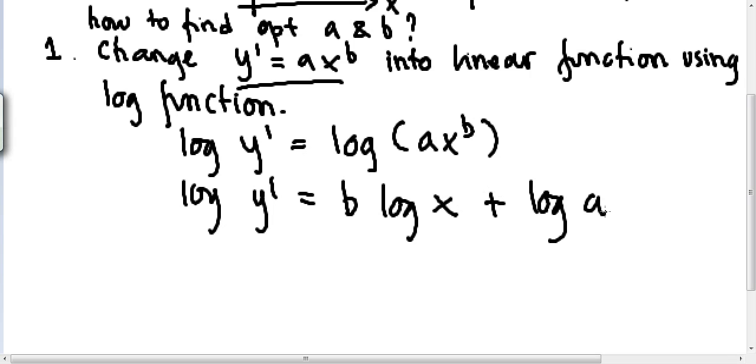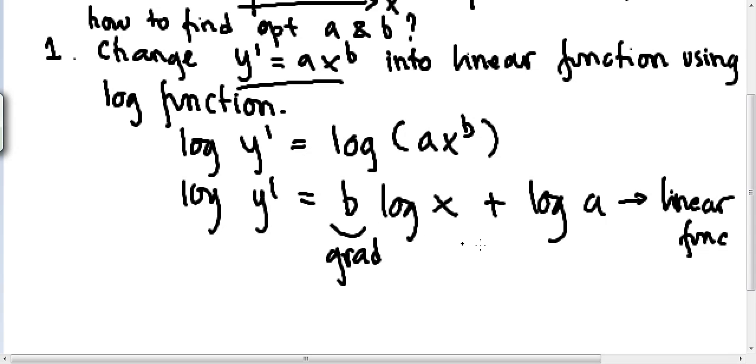This is a linear function, as I put log in the function, and I will have this as the gradient and this one as the intersection of the y-axis.